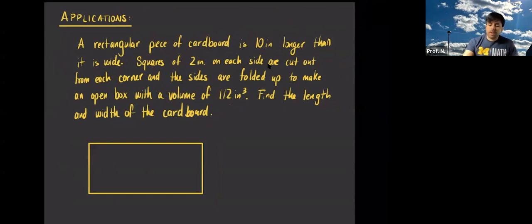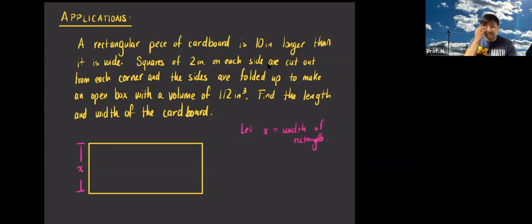Now this is when we have to become problem solvers. How do you become a problem solver? Well, the first thing is we identify what we don't know. I do not know what the width is. Because I don't know what the width is, I say, call this x. So let x equal the width of the rectangle.